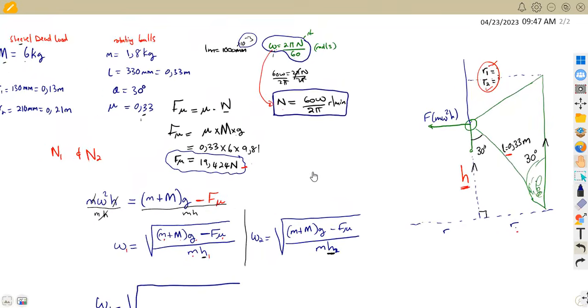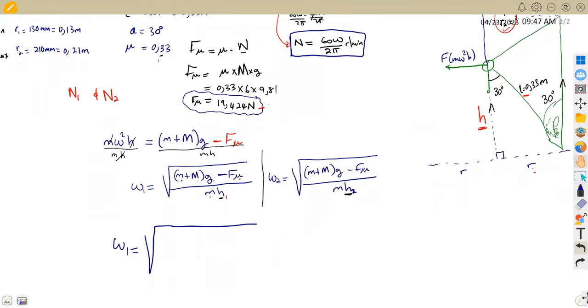So we substitute 1.8, plus the mass of the sleeve, which is 6, times the gravitational acceleration of 9.81. Remember, because of the frictional force, we now have to subtract this frictional force, which is minus 19.424. The difference between this question and the other question that we had is that we did not have the frictional force. This time, there is an involvement of frictional force.